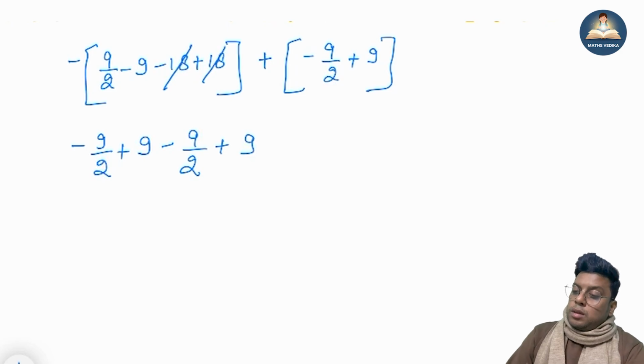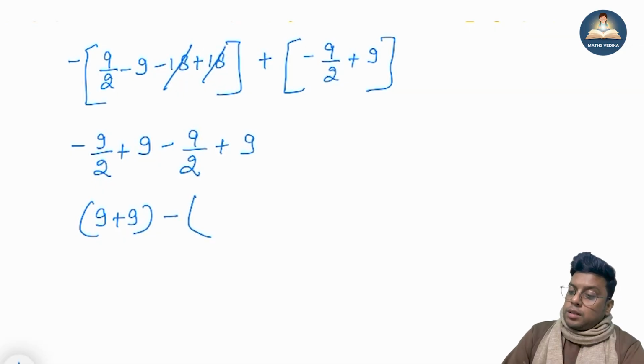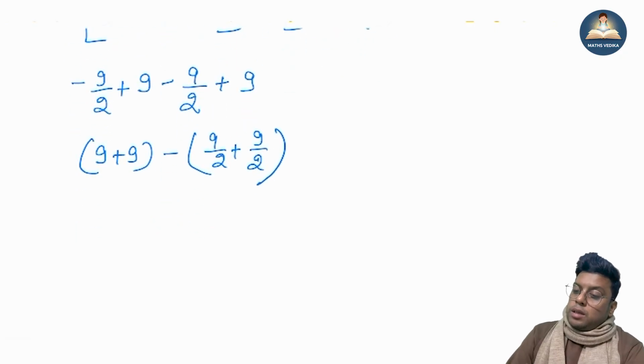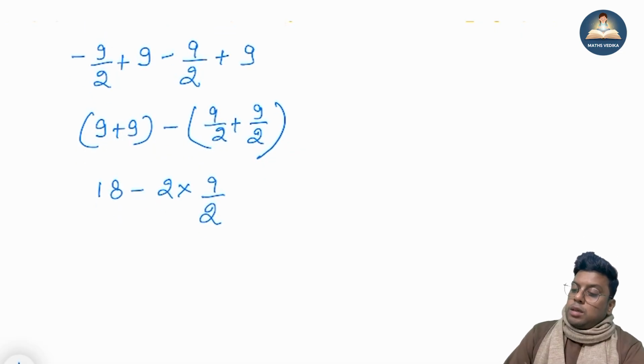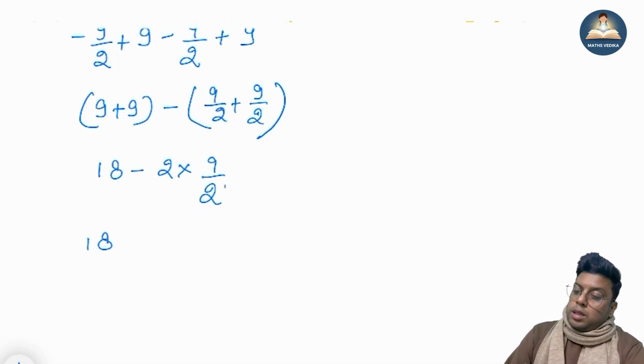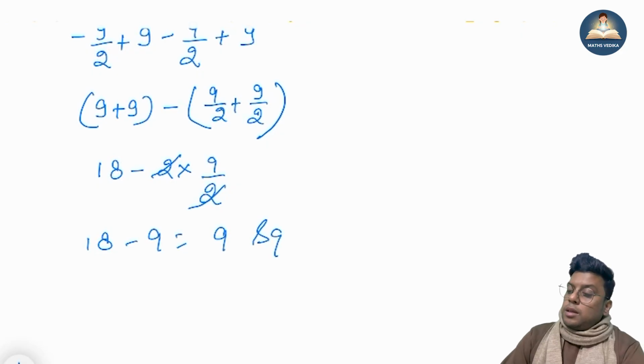Now 9 plus 9 under one bracket, minus 9/2 plus 9/2 under one bracket. 9 plus 9 is 18, and 2 into 9/2 is 9. 18 minus 9 equals 9 square units.